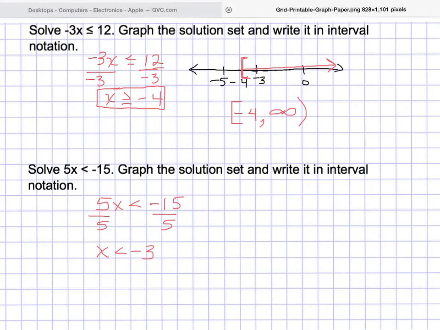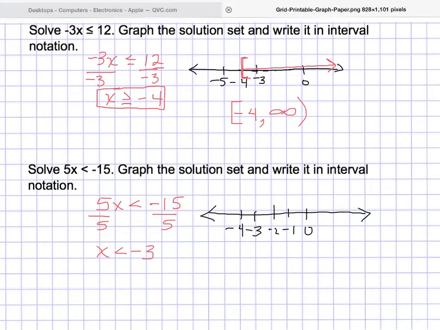So let's graph it. Let's find negative 3 on the graph, and let's indicate which way it's going to go.